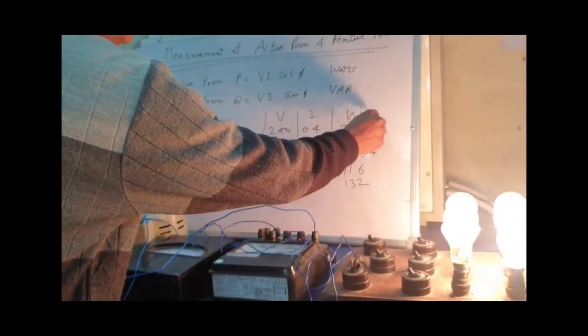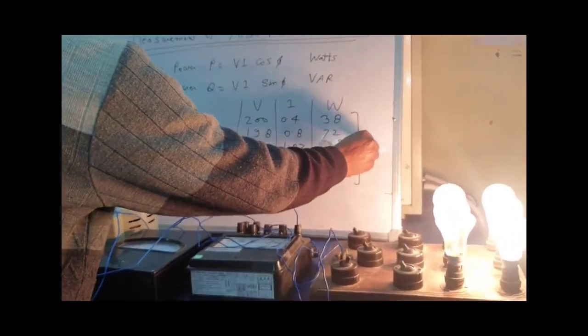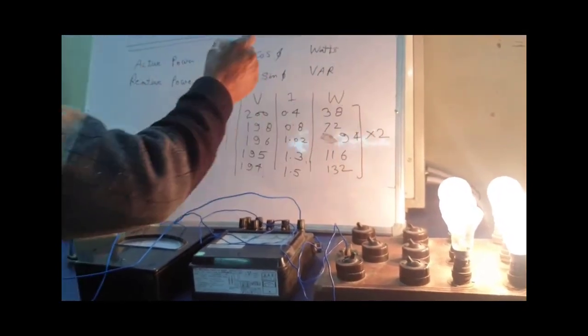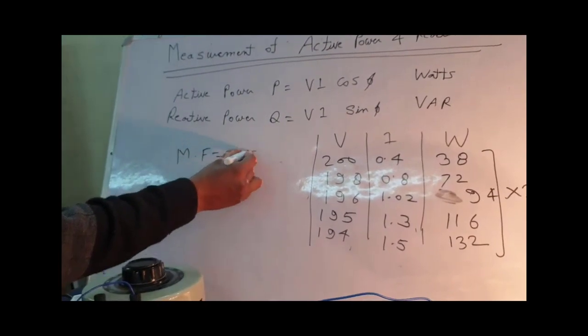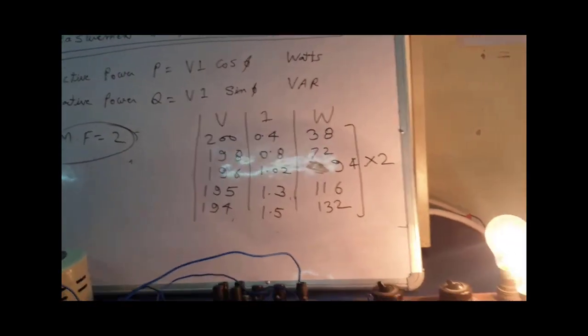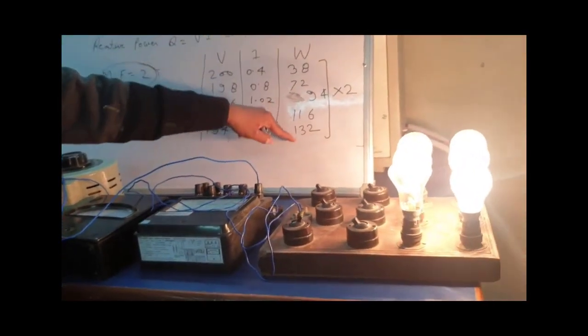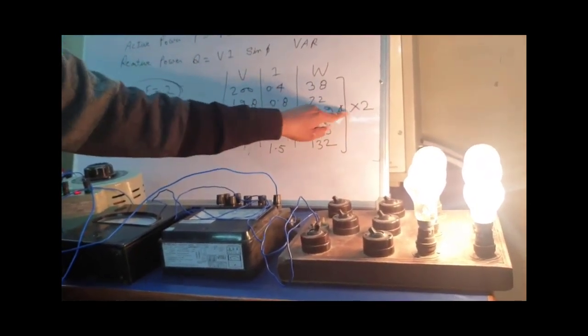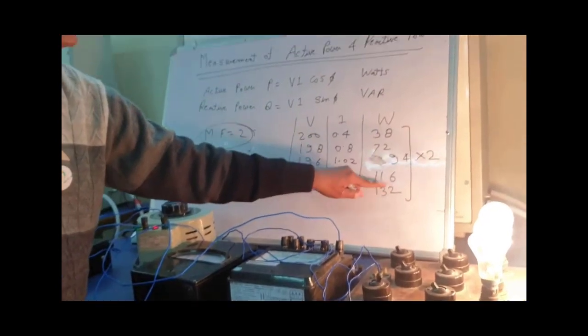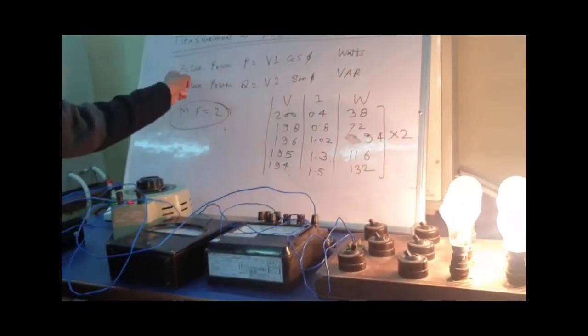For the final observation of this wattmeter, all the readings are multiplied by 2, because, as we discussed, the multiplying factor of this wattmeter is 2. So whatever readings we obtain from this wattmeter should be multiplied by 2. So the final readings will be 38 into 2, 72 into 2, 94 into 2. All readings are multiplied by 2. That is called the active power.